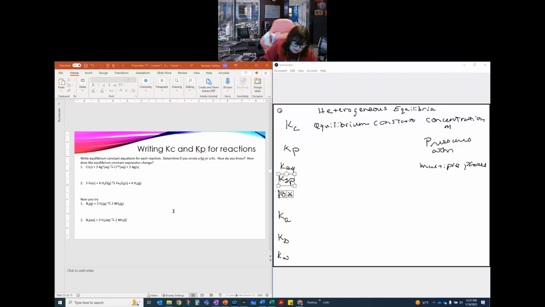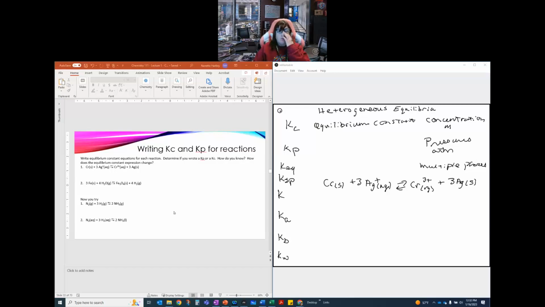That way it's out of the way. And then we can talk about Cr solid plus 3Ag+ aqueous goes to Cr3+ aqueous plus 3Ag solid. Now, as we talked about before, we are not necessarily always dealing with molecular equations, and therefore we may see things that are in an ionic phase.